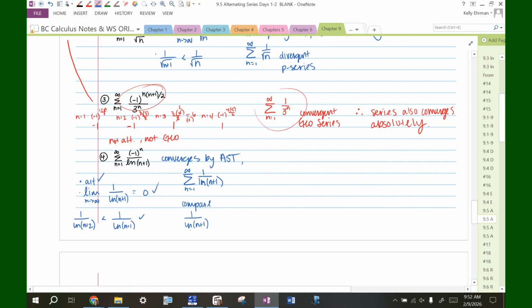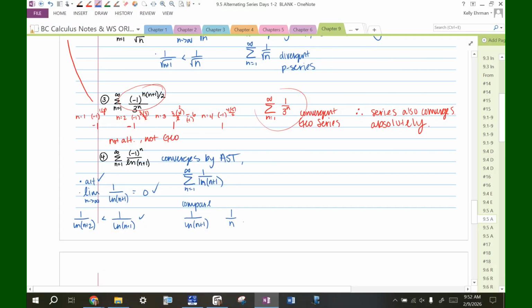If you go cube root, cube root will eventually, if you graph it, get lower than the ln graph. So I'm just going to compare it to 1 over n. Again, you could do square root of n if you want, but I usually don't mess with the square roots because I don't know for sure that square root of n is always bigger than ln of n plus 1.